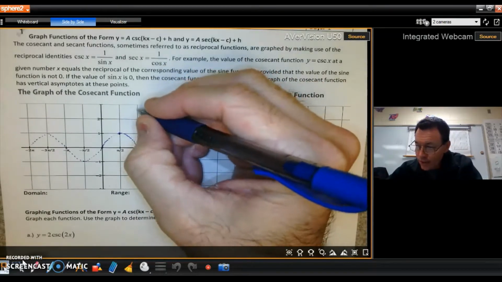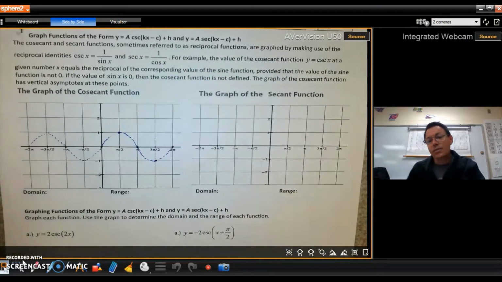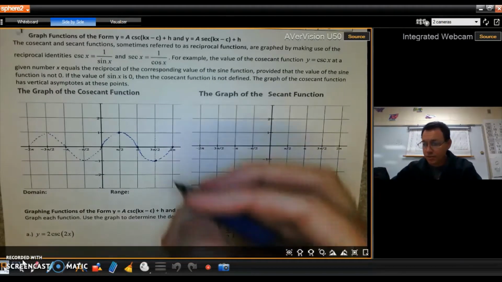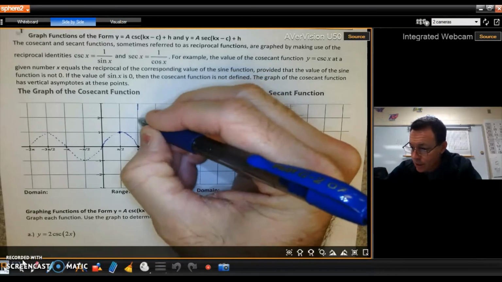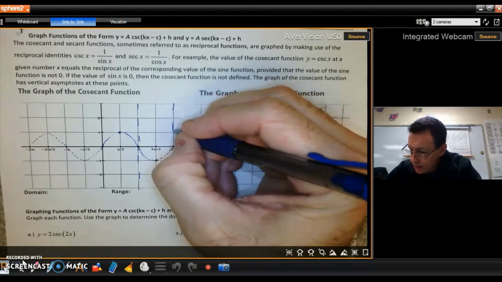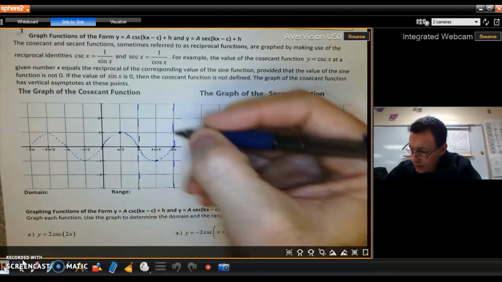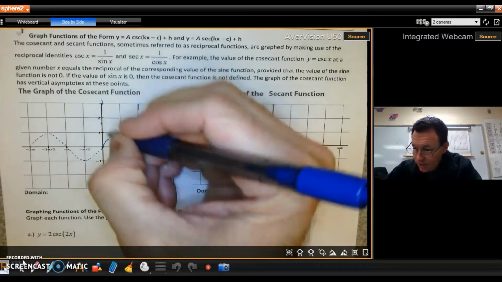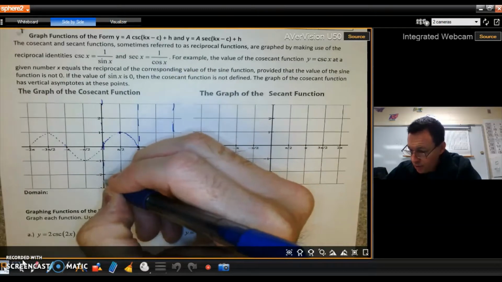So we're going to have a vertical asymptote, a line that our graph will never, ever cross because that value is undefined. We're not allowed to divide by 0, so we'll have one here, and one here. The y-axis will be a vertical asymptote.